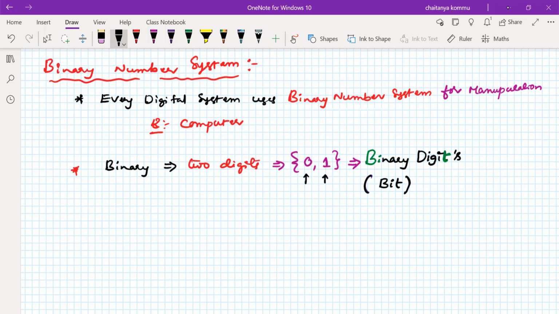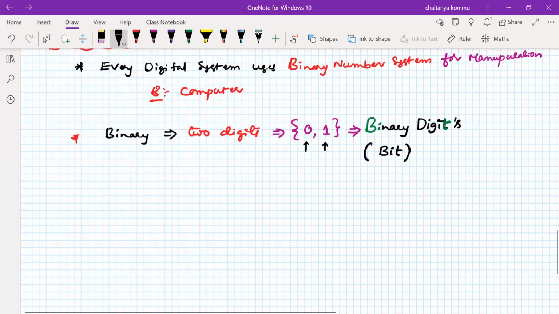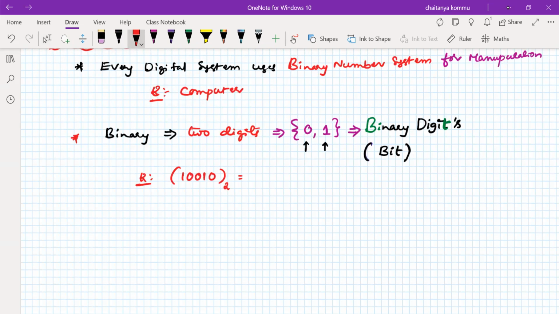Now, for example, we write 1 0 0 1 0. How many bits are there in this particular binary number? That means 1 2 3 4 5.